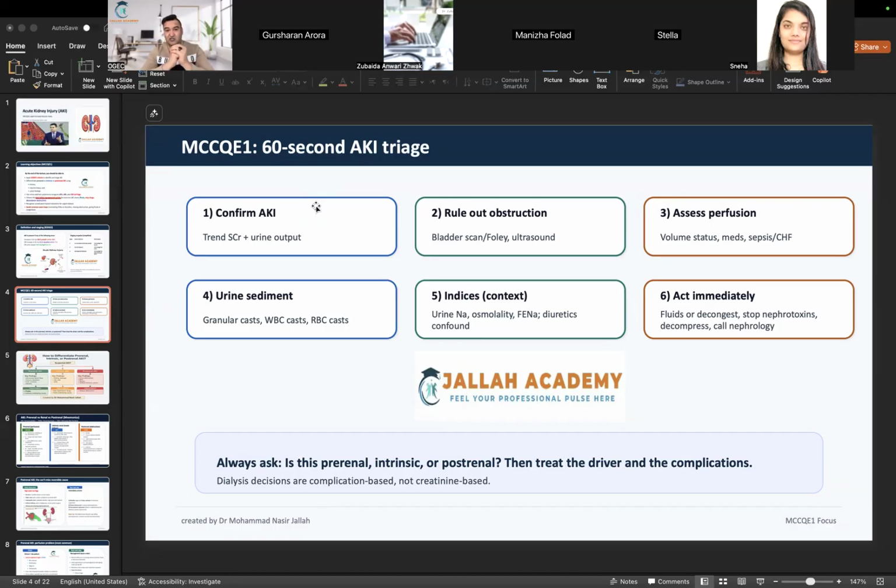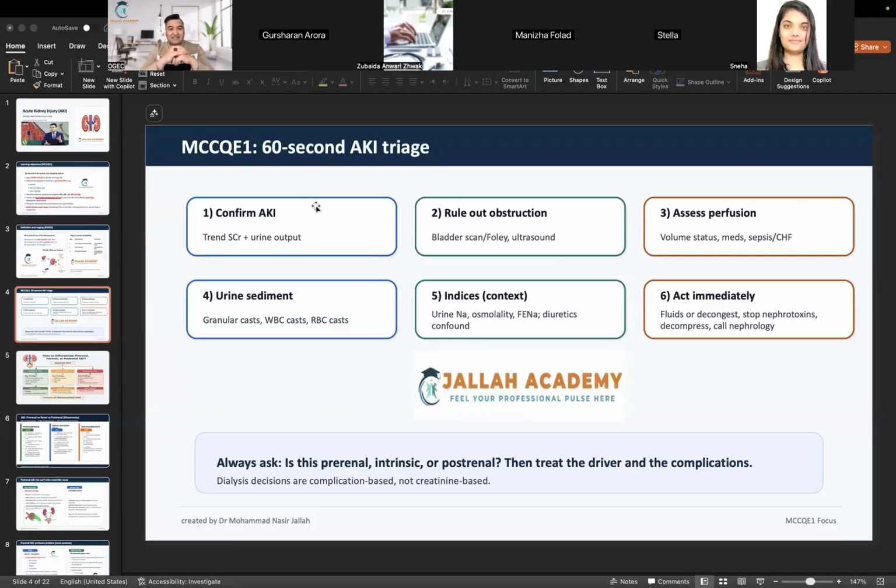These are the medications that you need to ask about, because in most cases they could be the reason or the trigger for the acute kidney injury.